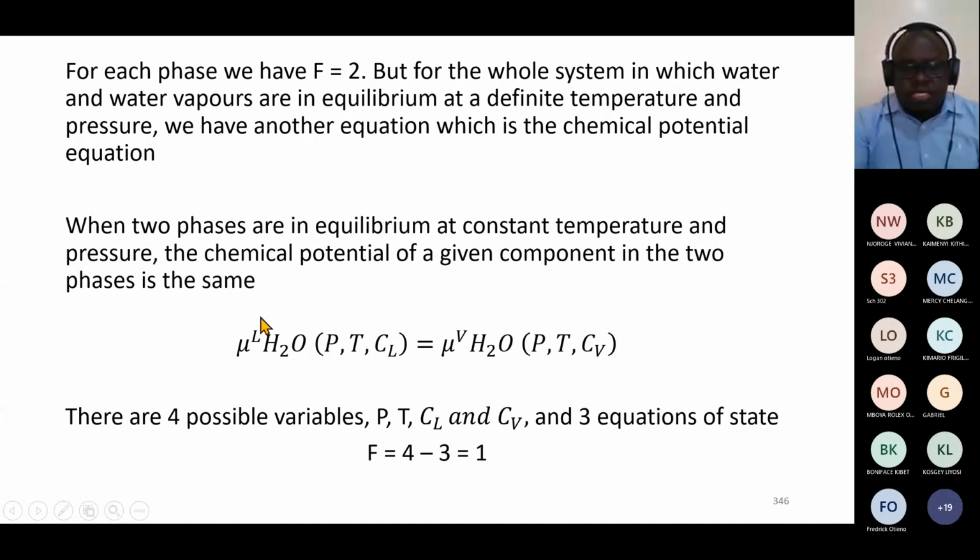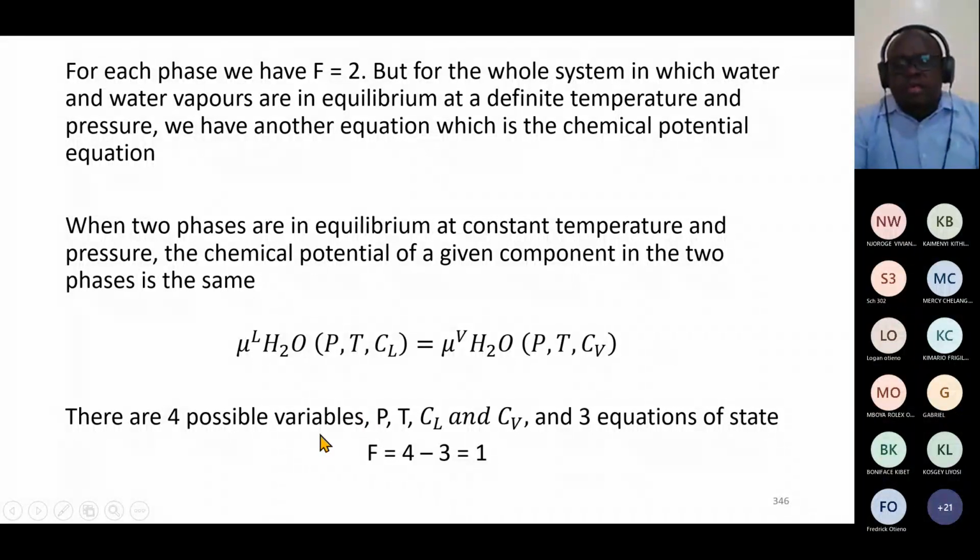Okay, so this here represents the chemical potential equation. Now, if you look at the variables, we have pressure, temperature, the concentration in the liquid phase, and the concentration in the vapor phase. So here, this is a total of 4 possible variables.